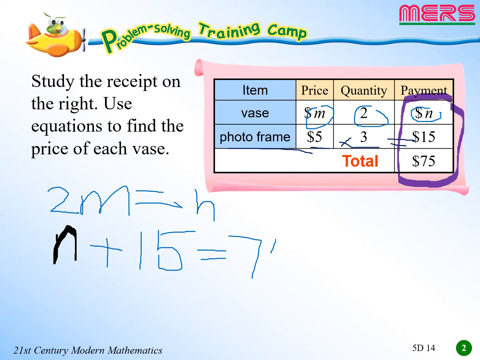That is the total amount of vase and photo frame. So in this case, can we solve N? Yes, we can. We can minus 15 on both sides. So N will be 60.